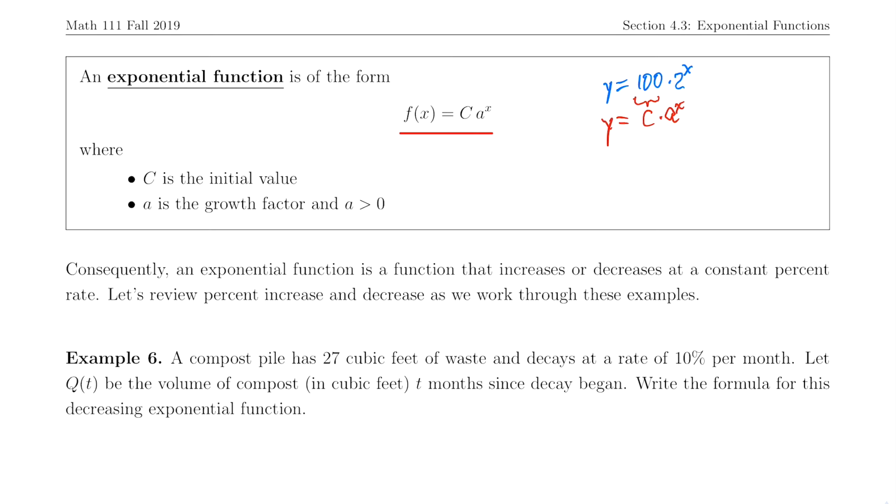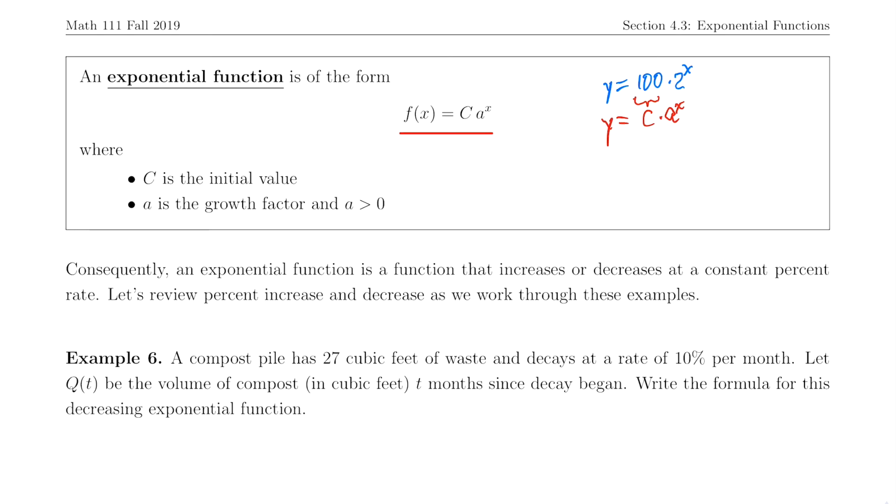What about if it's not growing but declining, or as we often say, decaying? What does a look like in either situation, whether it's growing or decaying? It's definitely always going to be greater than 0.